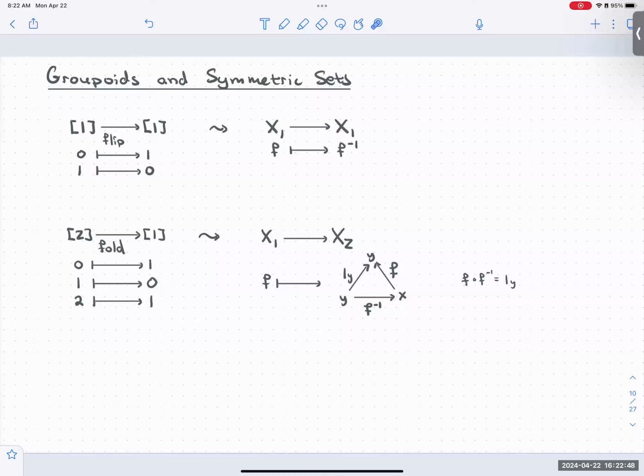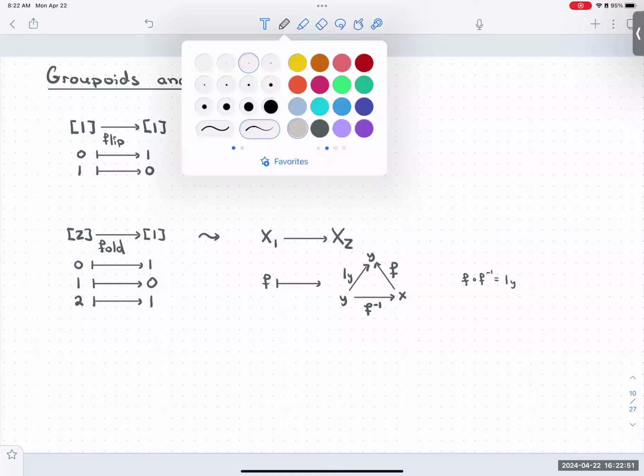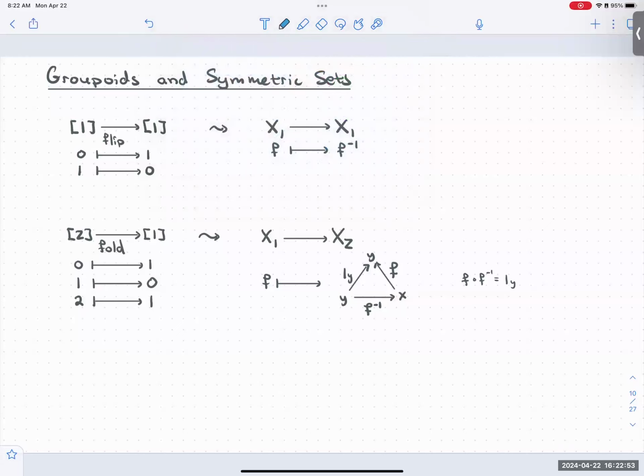And if I precompose with either delta 0, delta 1, or delta 2, then we can see what happens to this action of this fold map on our symmetric set X.